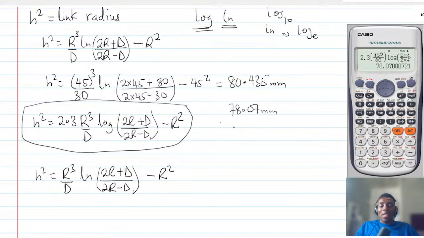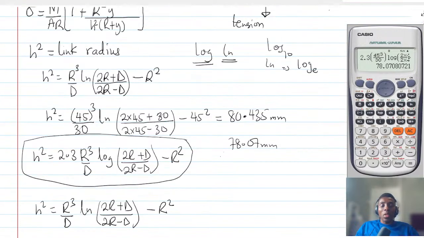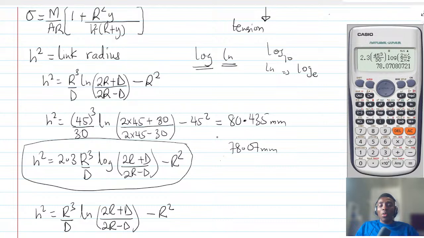But as far as I am concerned, these two are correct, depending on what you are looking at. But which one do you like? Do you want the one with the log or the ln? Which one do you like?